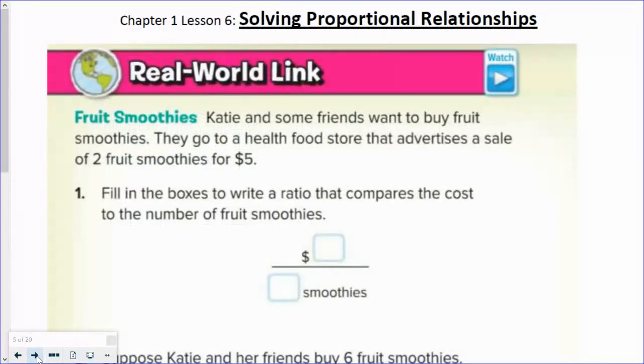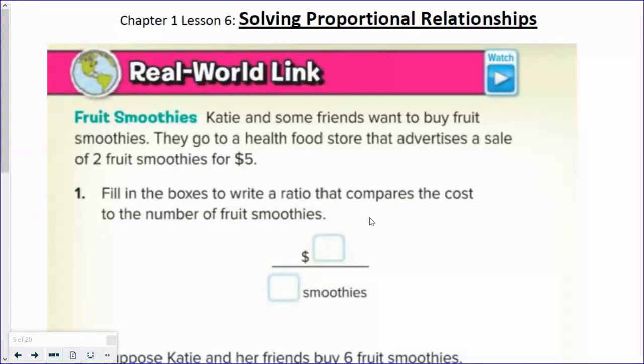Alrighty, so we have fruit smoothies. Kate and some friends want to buy fruit smoothies. They go to a health food store that advertises a sale of 2 fruit smoothies for $5. Fill in the boxes to write a ratio that compares the cost to the number of fruit smoothies.